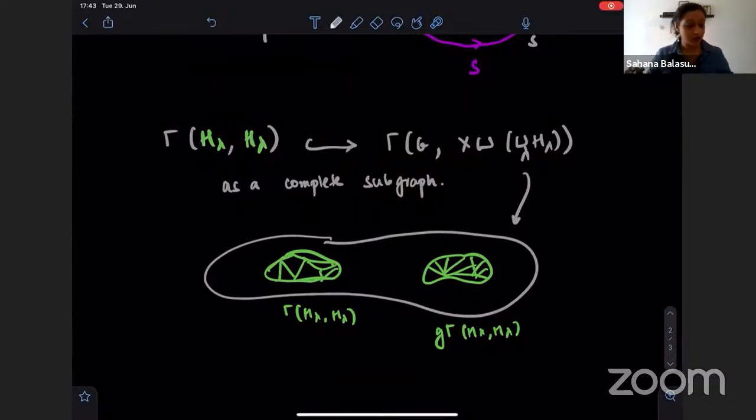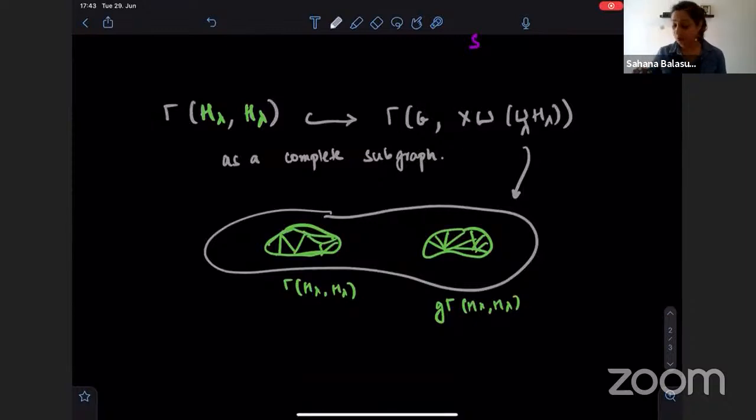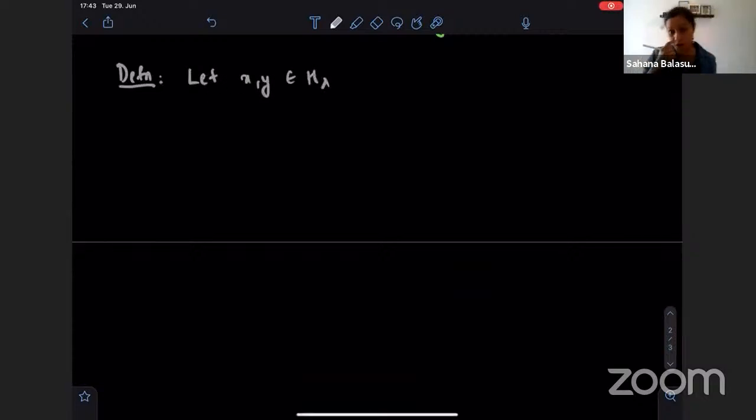Okay, so in this setting, with this understanding of this embedding of a subgraph, I can define a very special kind of path that I'm interested in. So here is the definition. Let X and Y belong to one of your subgroups in your collection.